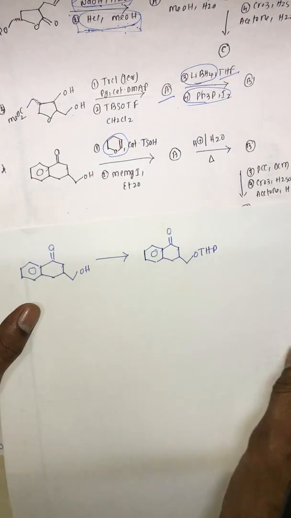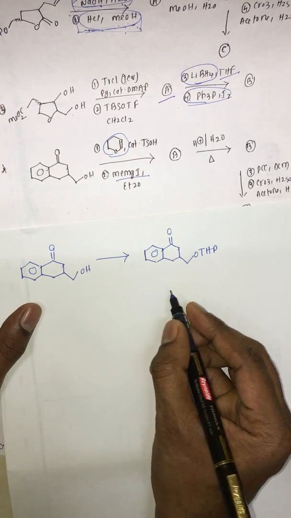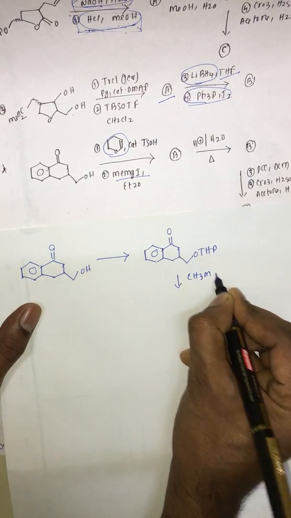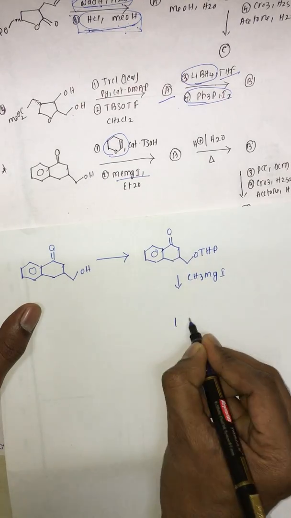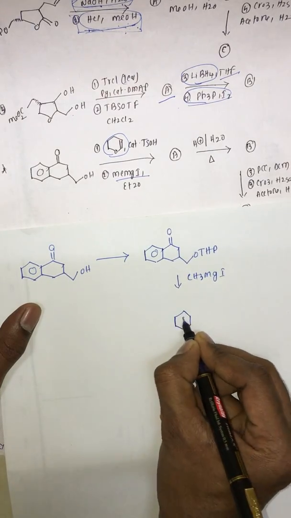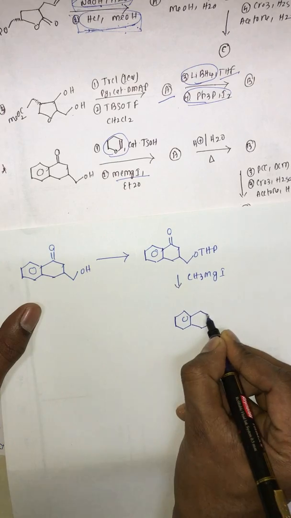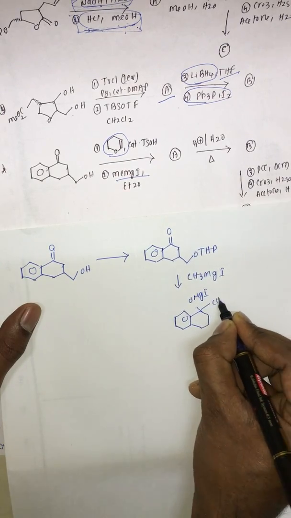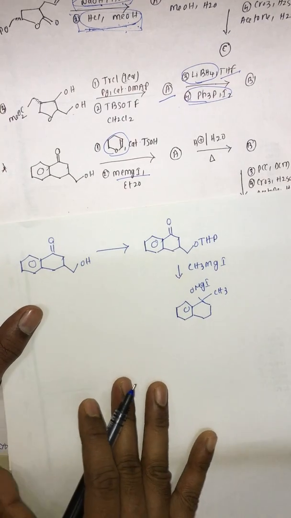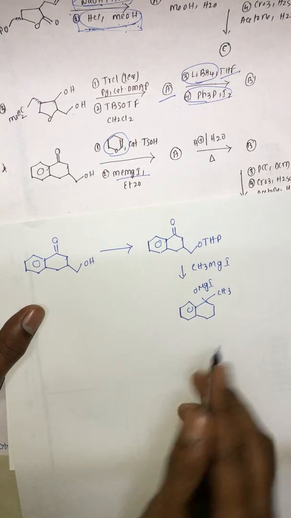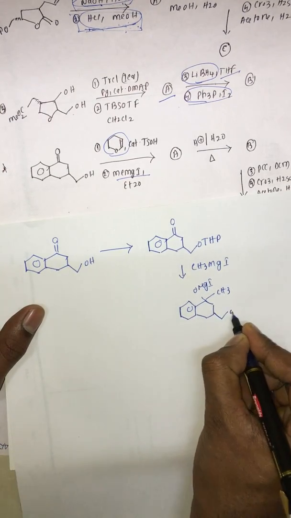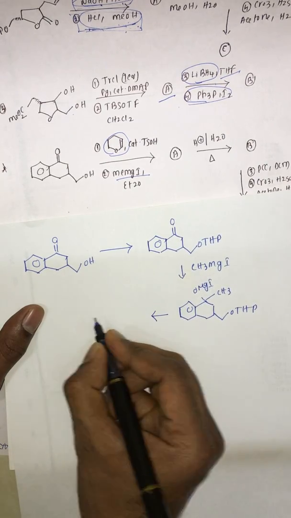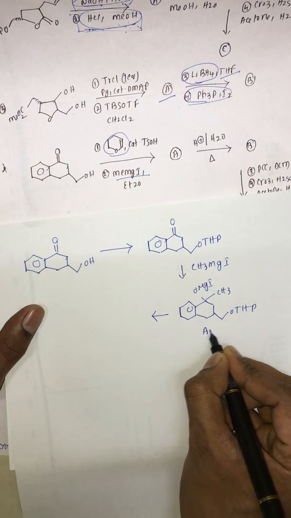Next we have methyl magnesium iodide. Here we'll get this OMgI and methyl group. Okay, and further we have here OTHP, and then it gets converted into, this is the product A.